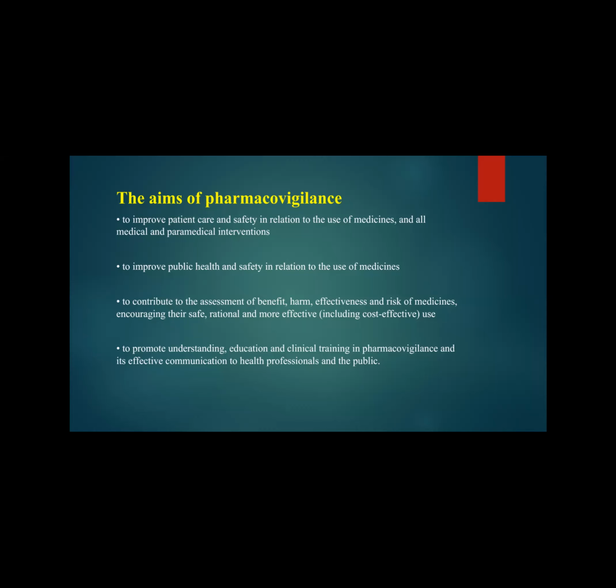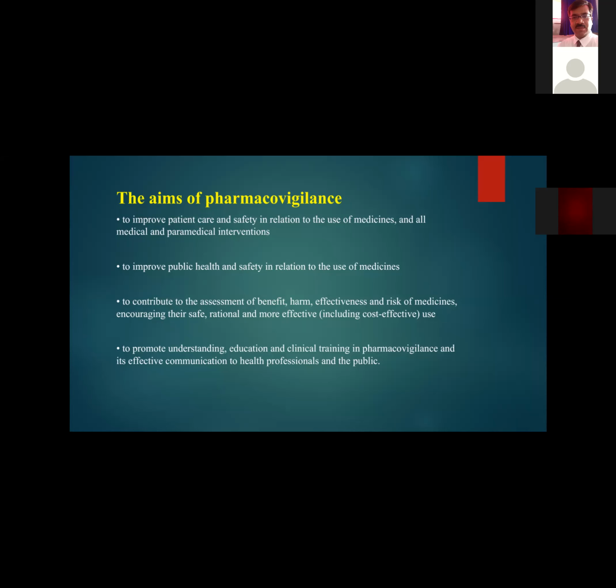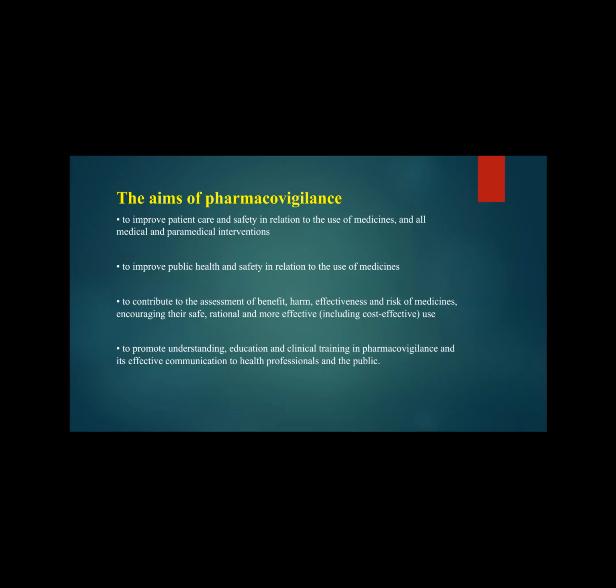The third point is to contribute to the assessment of benefit, harm, effectiveness, and risk of medicines, encouraging their safe, rational, and more effective, including cost-effective, use. So basically the test for side effects, the therapeutic action, the effectiveness, and cost-effective measures, pharmacovigilance aims at doing all these things.